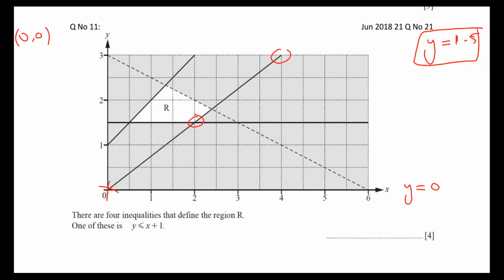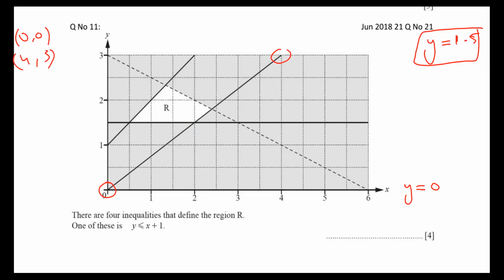We have three whole numbers mentioned here. If I take x is 2 and y is 1.5, a decimal is coming, so I avoid it. I take the top one instead: x is 4 and y is 3. This is a better choice, so I take 4 and 3.